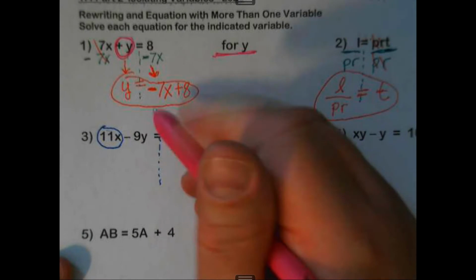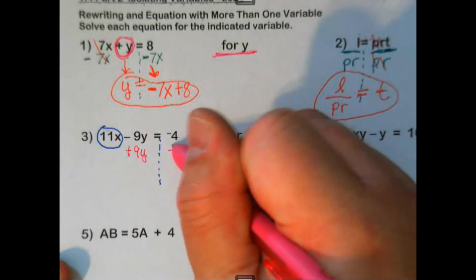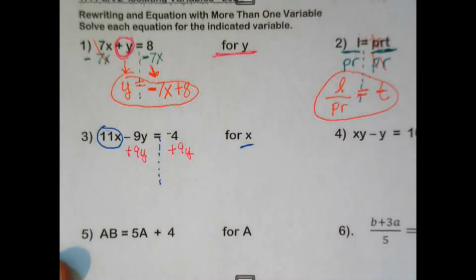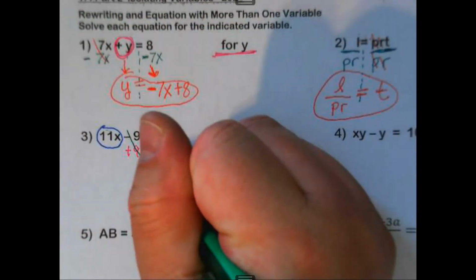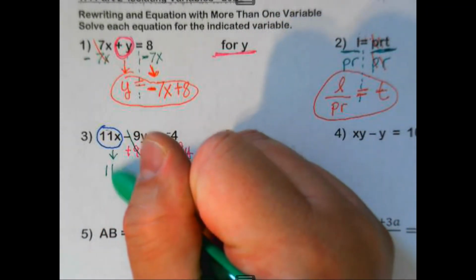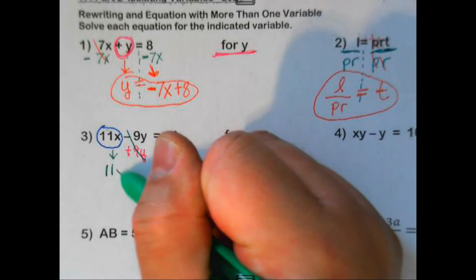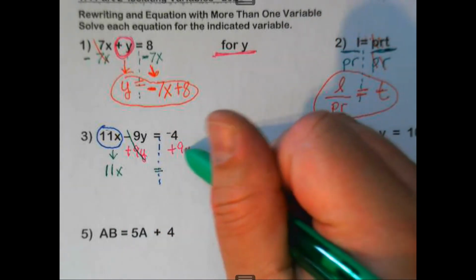So I'm going to add 9y to both sides. And I get, let's see, I got a 0 here, but that's okay. I'm bringing this down. Don't need to put the 0 there. I have 11x, and that equals, now I'm going to put the 9y first.